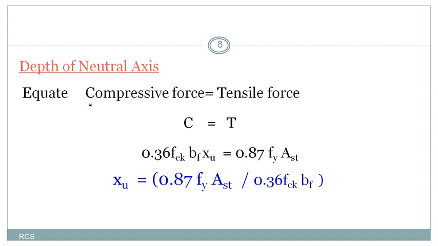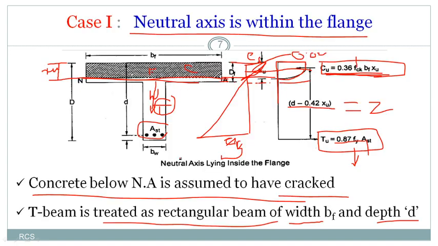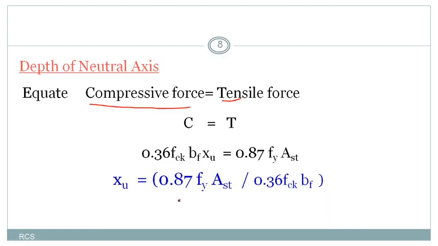Let us calculate now the depth of neutral axis. As I already told you, we can calculate the depth of neutral axis by equating the total compressive force to the total tensile force. The compressive force is 0.36 fck bf xu, and the tensile force is 0.87 fy Ast.